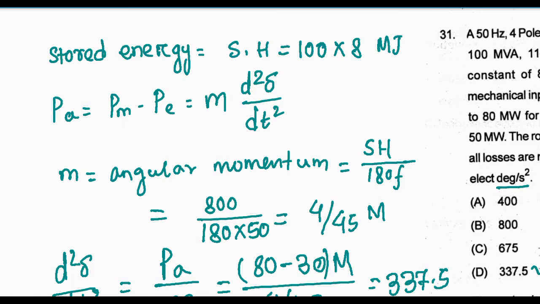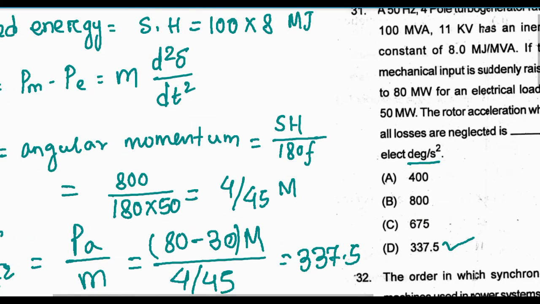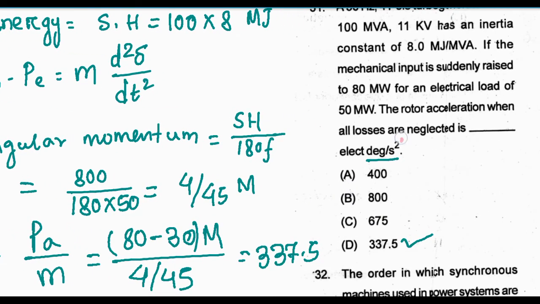And what is the swing equation? The swing equation is Pm minus Pe, that is P mechanical minus P electrical, which is called the power of acceleration, and it is equal to M into d square delta by dt square. What is M? M is the angular momentum, which is given by SH by 180 F. Since it is given in electrical degree per second square, we have taken 180 degree.